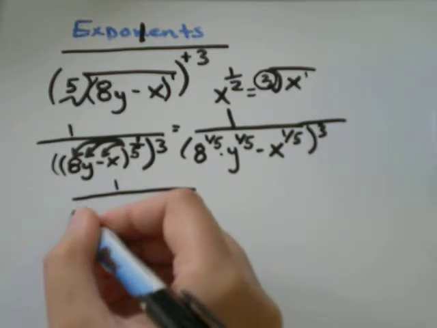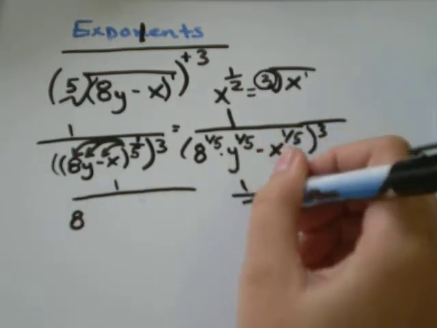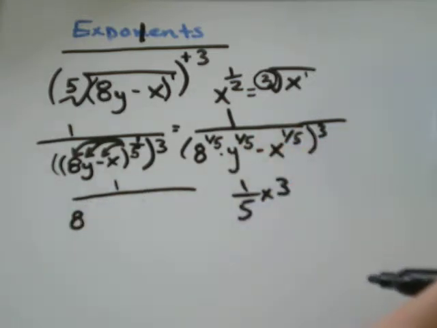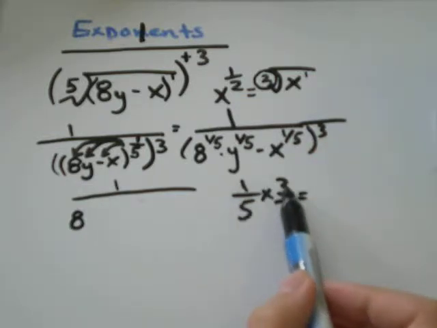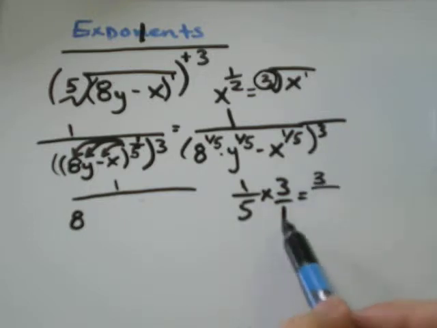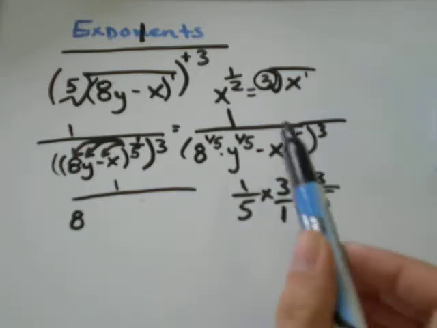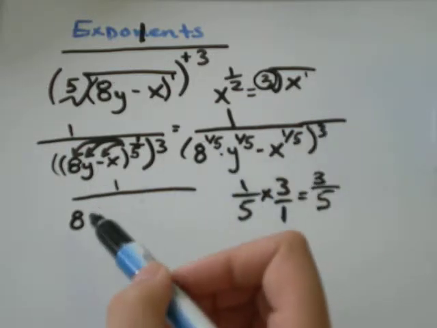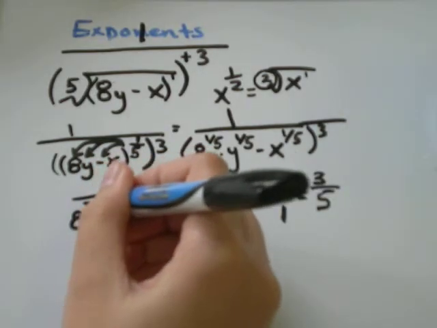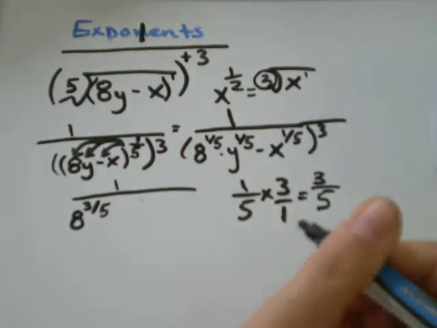So that will be 8 to the 1 over 5 times 3, which is the same as 1 over 5 times 3 over 1. When you do that, you multiply the tops: 1 times 3 is 3, 5 times 1 is 5. So 8 to the 1/5 cubed would actually be 8 to the 3 over 5.